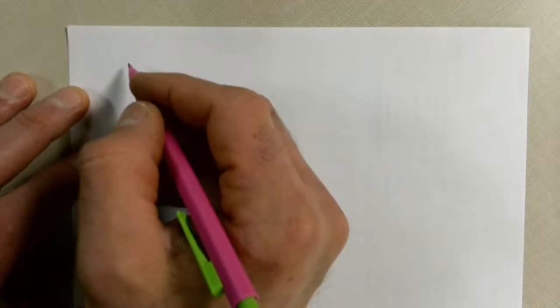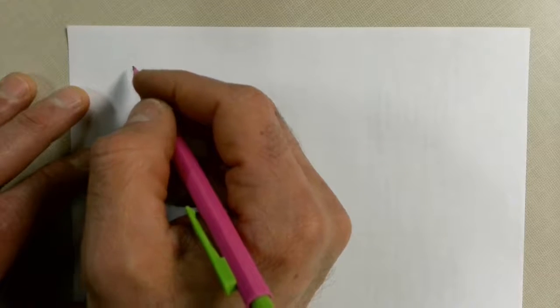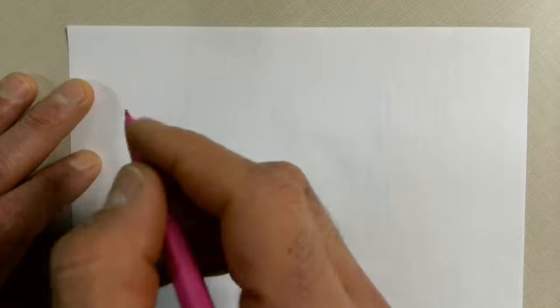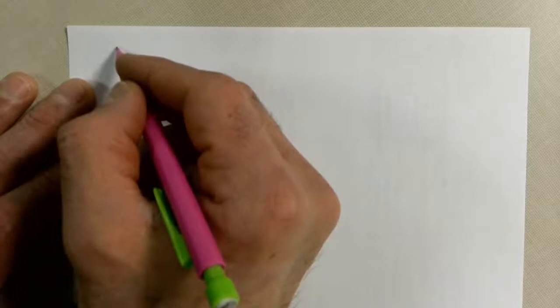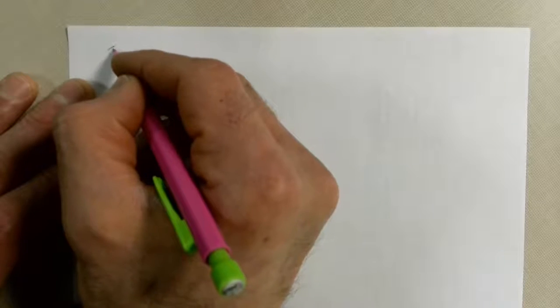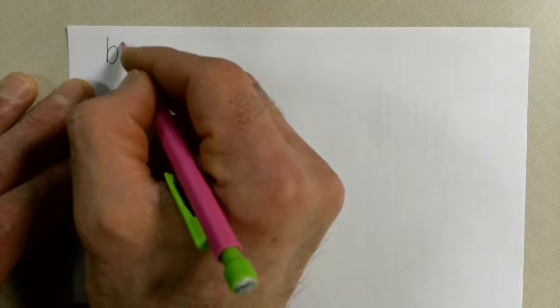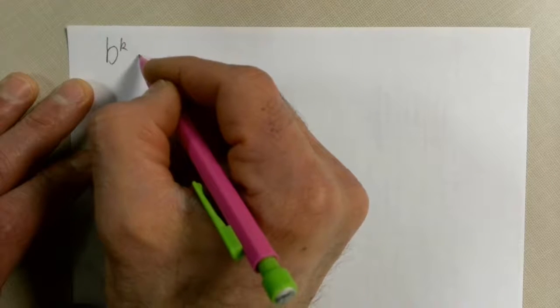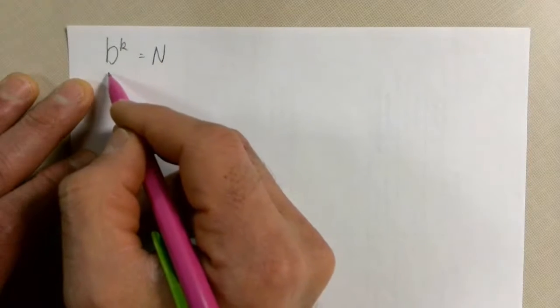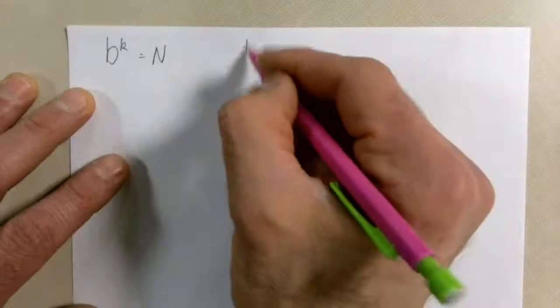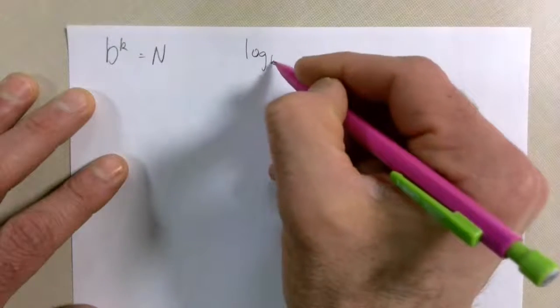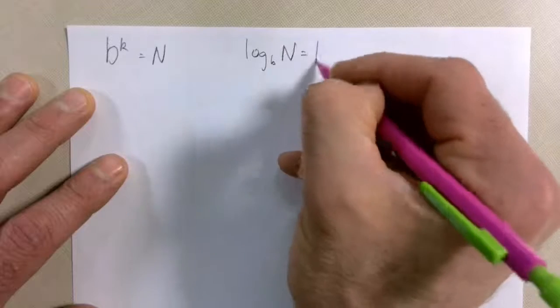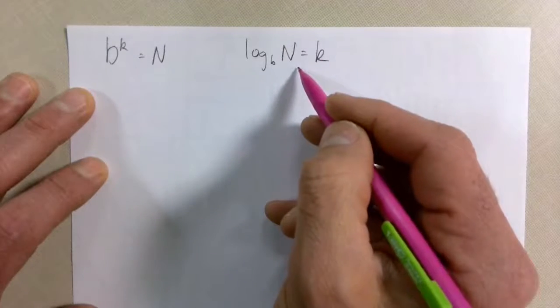Now, there are some things that we can generalize about logarithms that'll be really helpful. Since the exponential function is one-to-one, if I have b to the k power equals n, this is an exponential function, and it's one-to-one. So its inverse, log with a base b of n equals k, is also one-to-one.